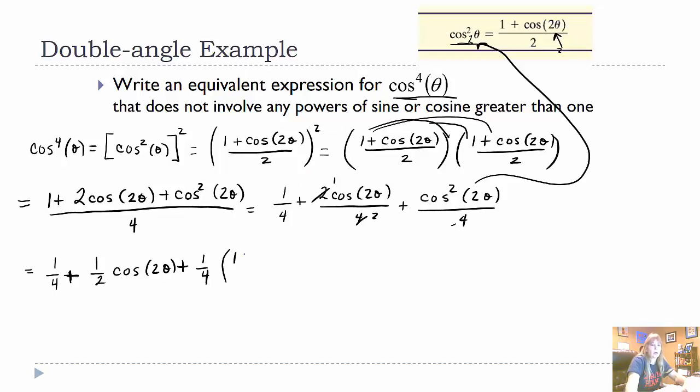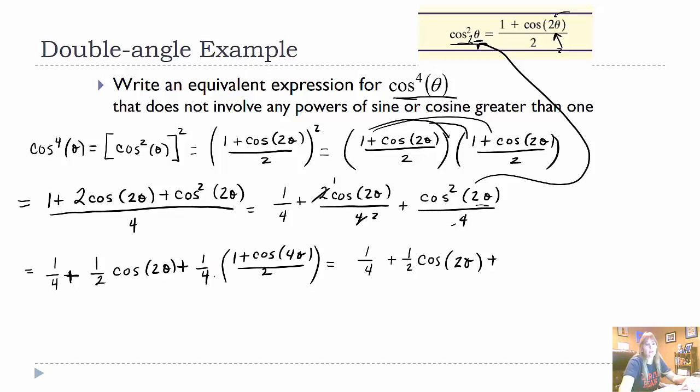So that becomes 1 plus cosine of 4 theta over 2. Okay, so it's important you recognize how you got the 4. Because up here, this is only theta, and I actually need 2 theta, so I need to multiply 2 theta times 2.